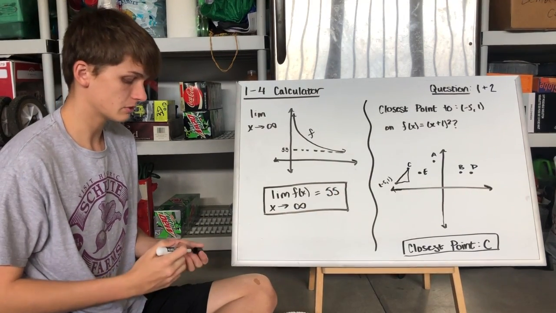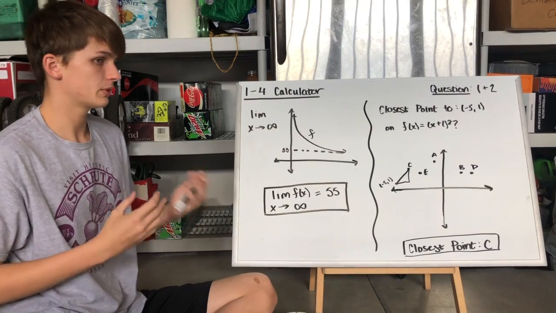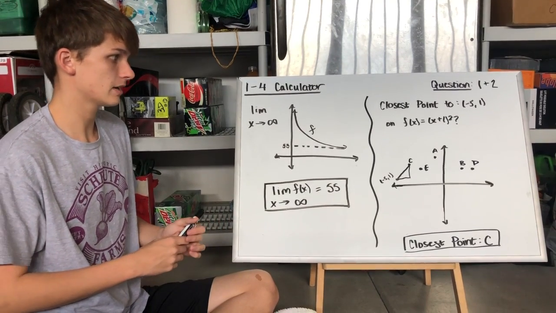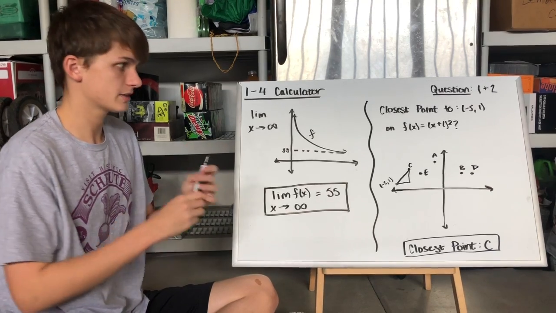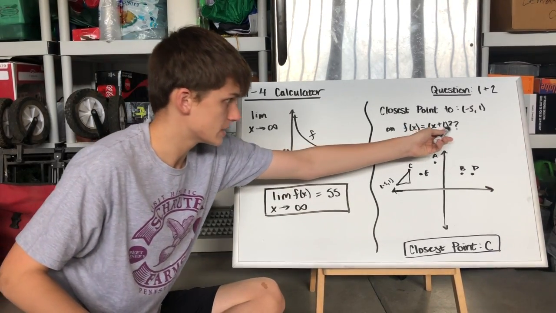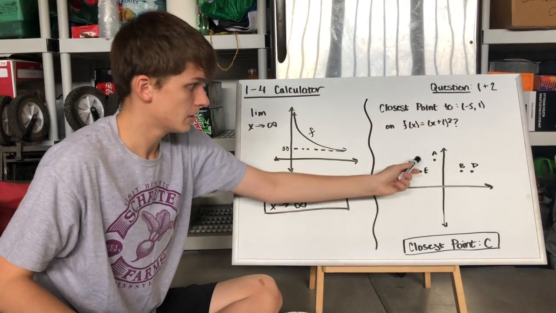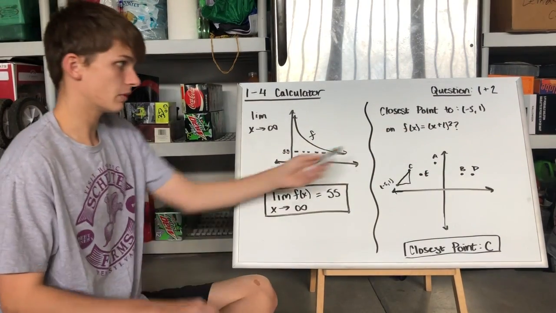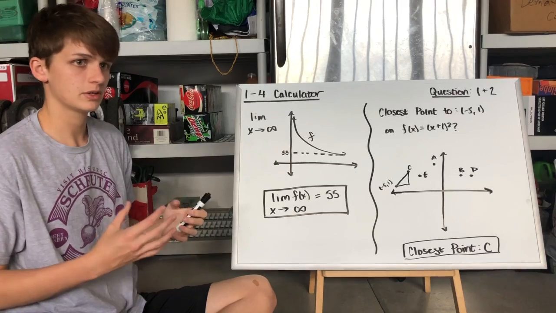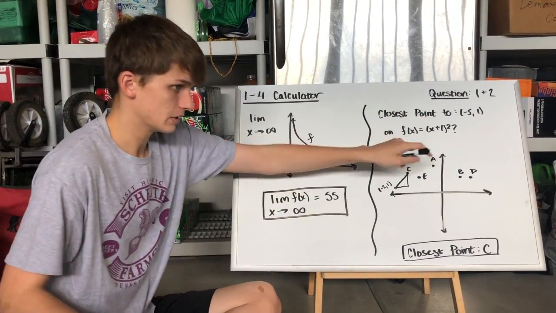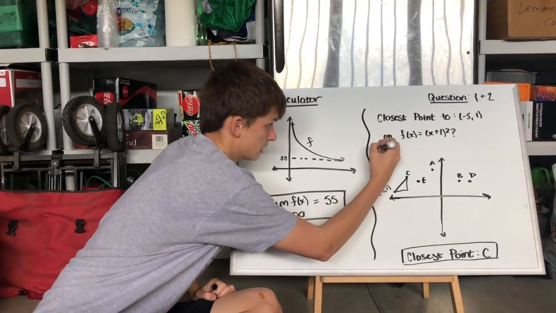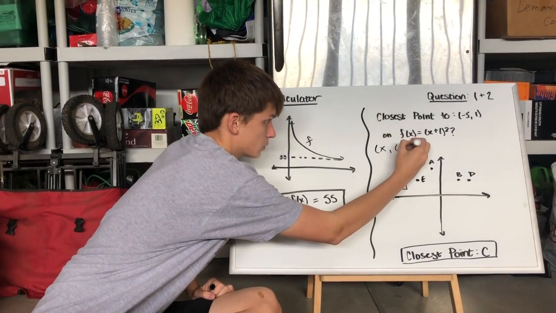As for how to do this with calculus, one way you can do it is you can take an arbitrary point from the graph, you can label it as x, comma, and then since this will produce your y value of all these points, you can plug in this function for your y value. Then you take negative 5, 1, and your arbitrary point, which would be x, comma, x plus 1 squared.